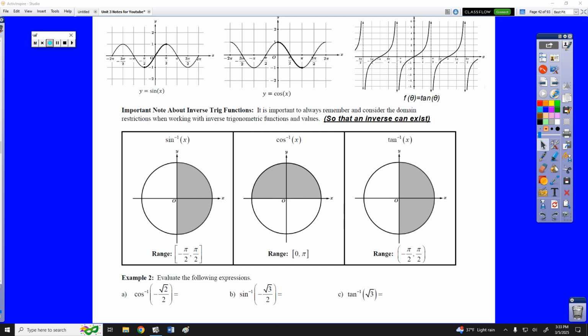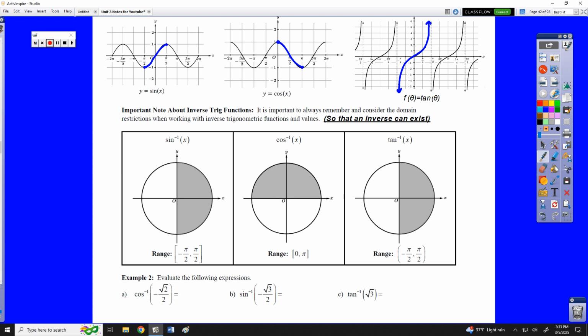So when we look at these sine, cosine, and tangent graphs, what we are doing is restricting the domain so that we only have a piece of the function that does represent every possible output for that function, but it also passes that horizontal line test and only has one input for each output, so that we can have an inverse function.